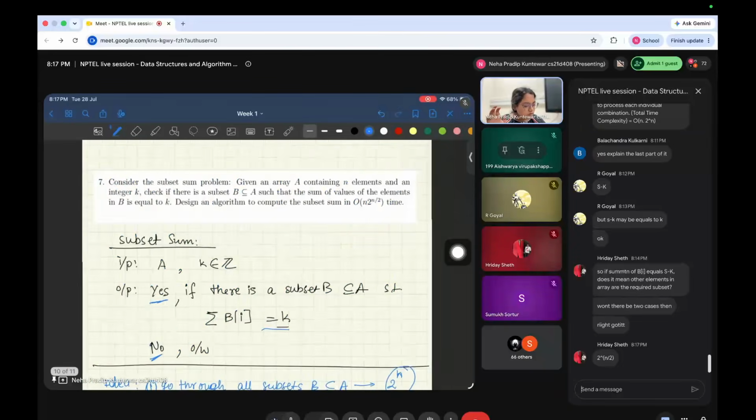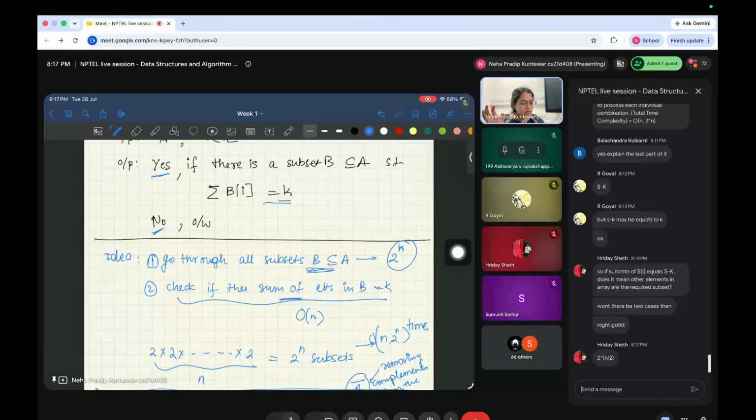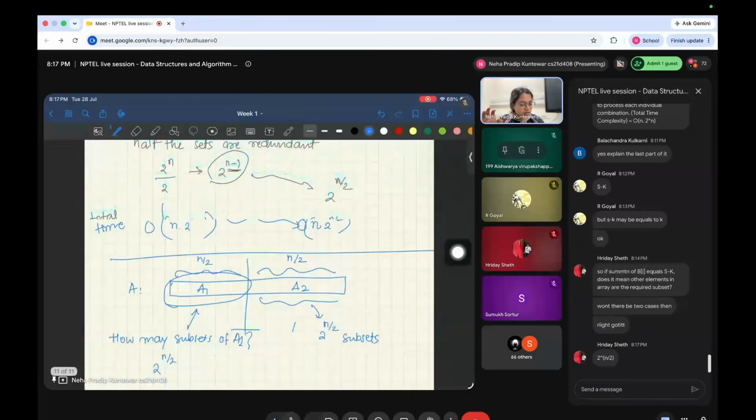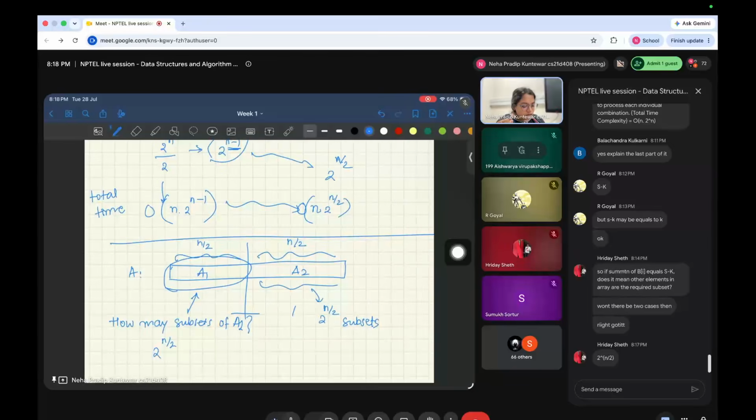So this step 2 is the same. Go through all possible subsets and find their sums. For each of them you're going to find the sum, so this will take you roughly n by 2 amount of time. This factor is because you are summing the entries, and same thing happens here.